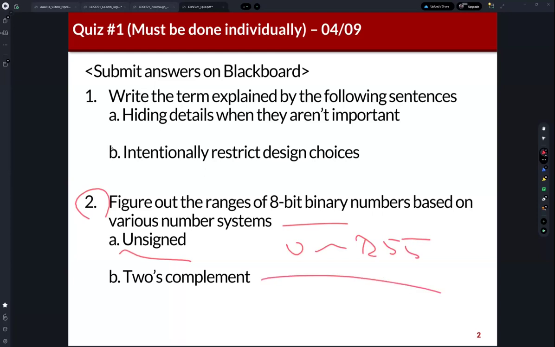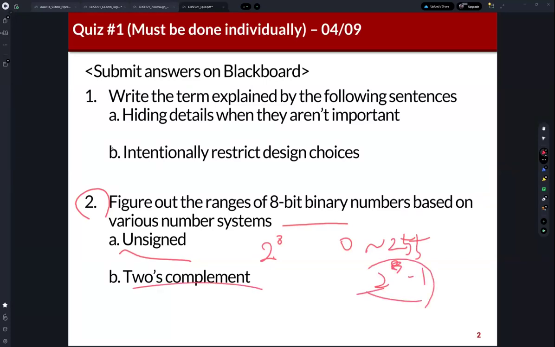Unsigned 0 to 255, right? So we can represent 2 to the 8 different numbers using the unsigned number system, so 0 to 255, which is 2 to the 8 minus 1.